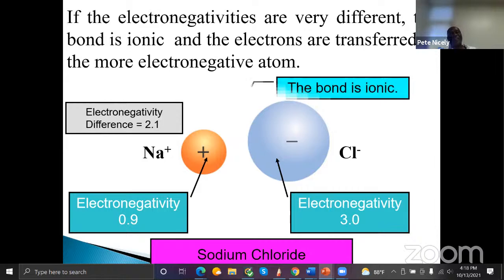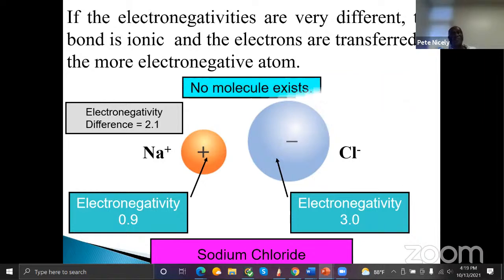So we consider this bond to be ionic. Basically, there's no sharing of electrons, but the complete transfer of an electron from the sodium to the chlorine, all right? So that's how you determine the type of bond that you're dealing with when you have two atoms connected to each other, all right?